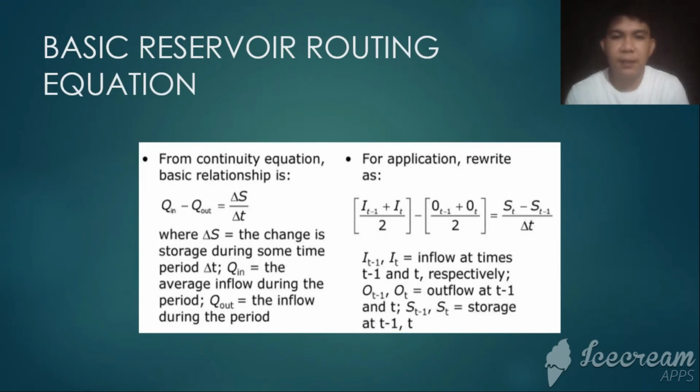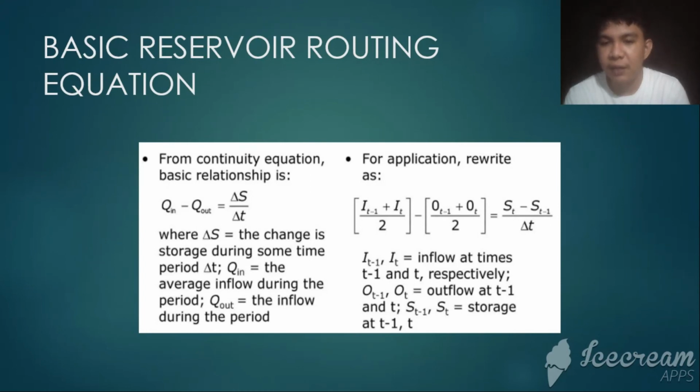So these are the basic reservoir routing equations. So from continuity equation gihapon, i-write lang siya as I sub t minus 1 plus I sub t all over 2 minus O sub t minus 1 plus O sub t all over 2 is equals to S sub t minus S sub t minus 1 all over delta time.